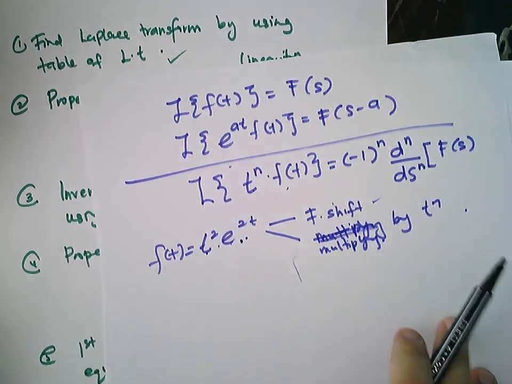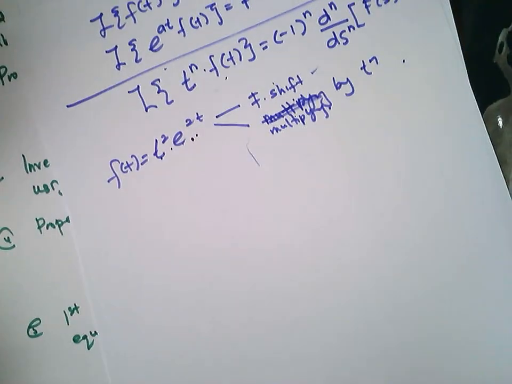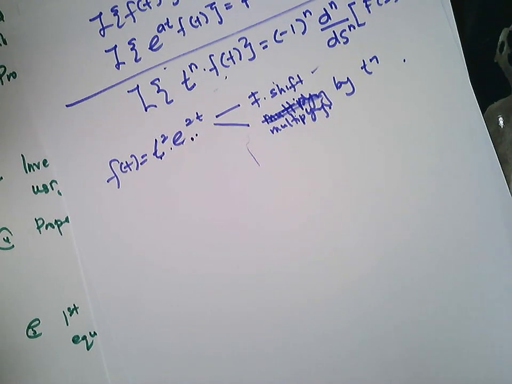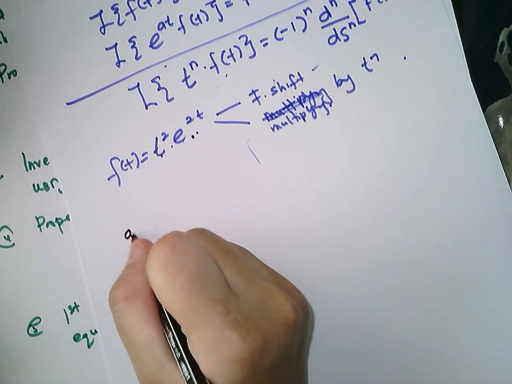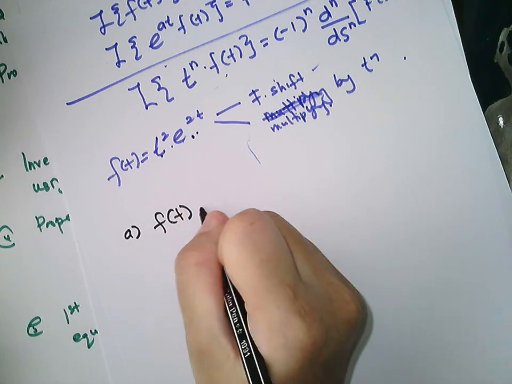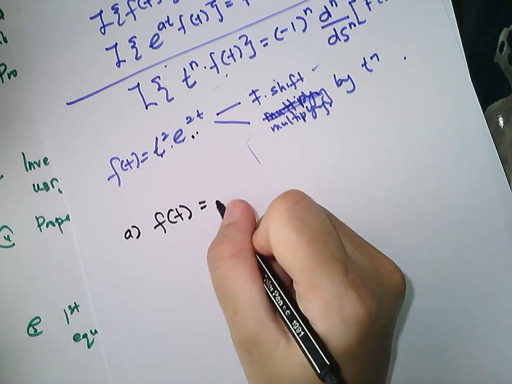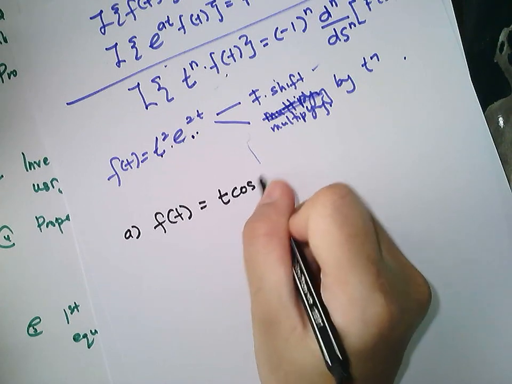Okay, so now let's try to solve this problem. The first one: let's say you are given f(t) equals t cos t.